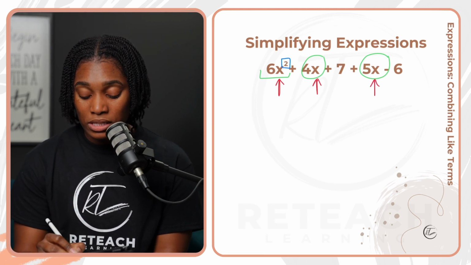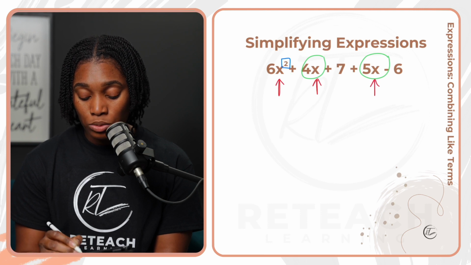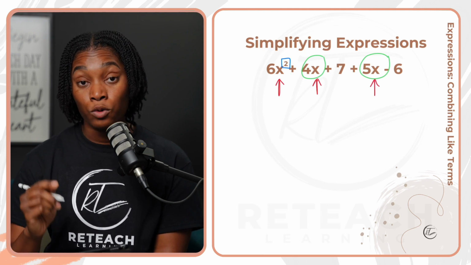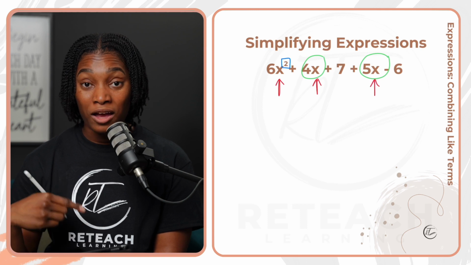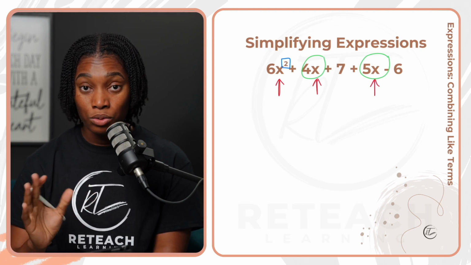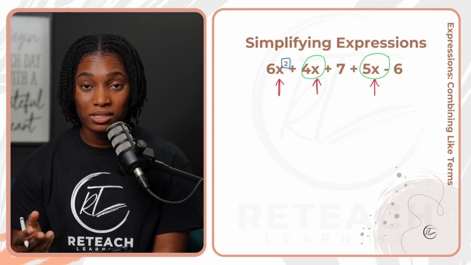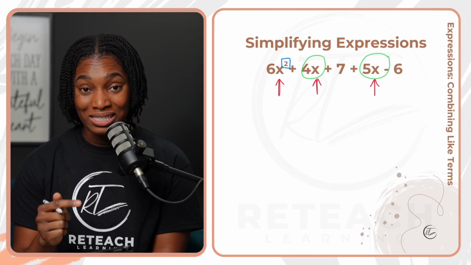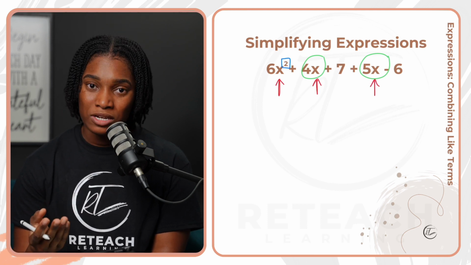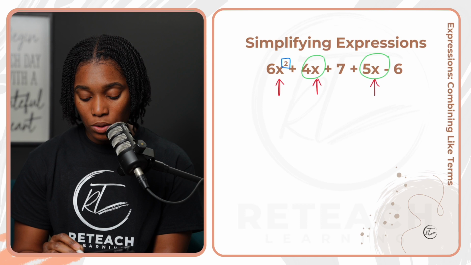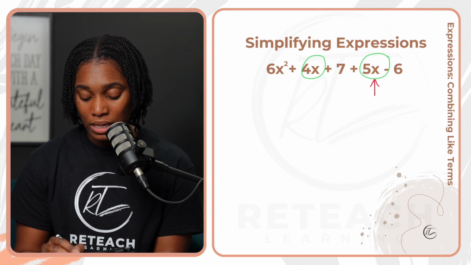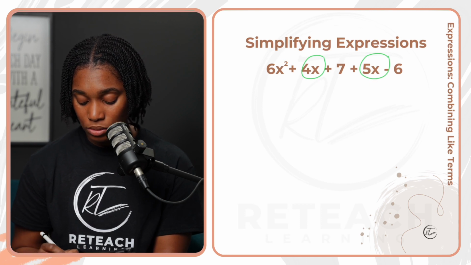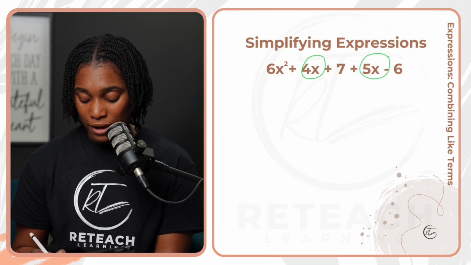But what that means is that the only two like terms among the x's would be the 4x and the 5x, because they only have an x. But the first term, which is 6x squared, that's going to be different. All right. So with that being said, let's go ahead and combine our like terms. So we have the 6x squared.